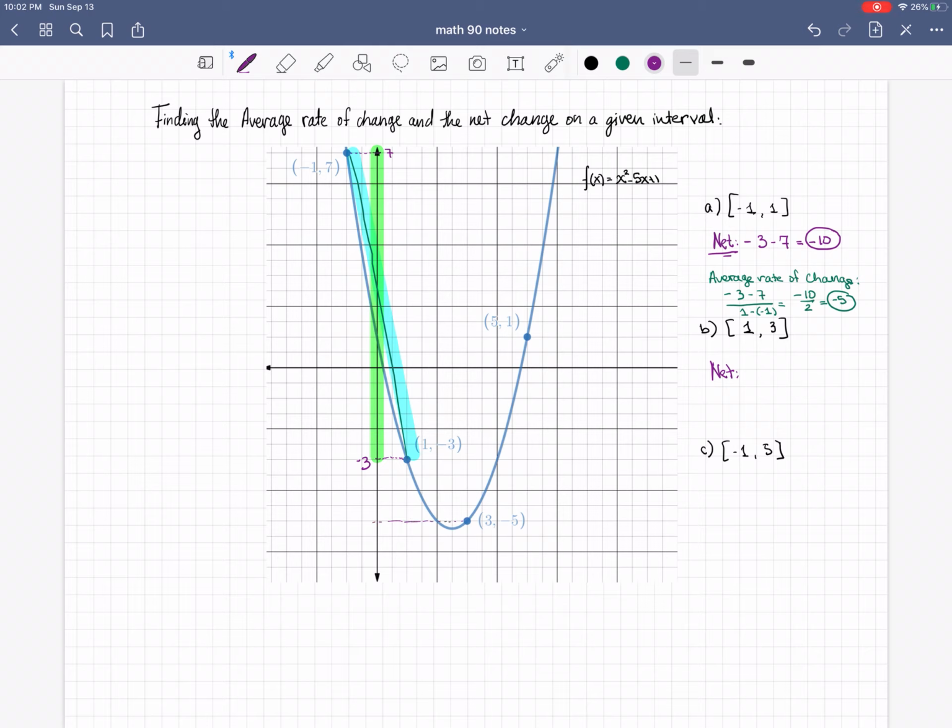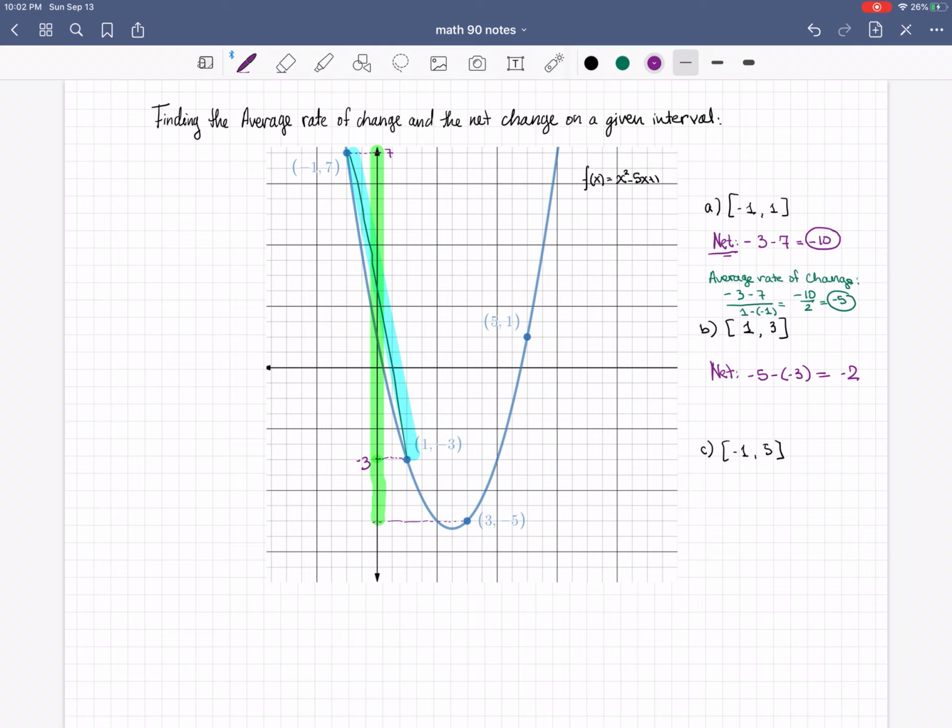So it's smaller, but we still have a decrease. So this is our net change for the second example. So we look at the value at 3 and subtract the value at 1. So this net change is negative 2.